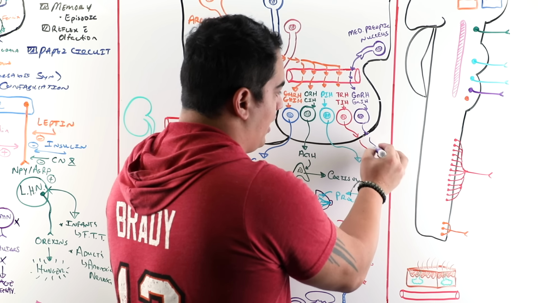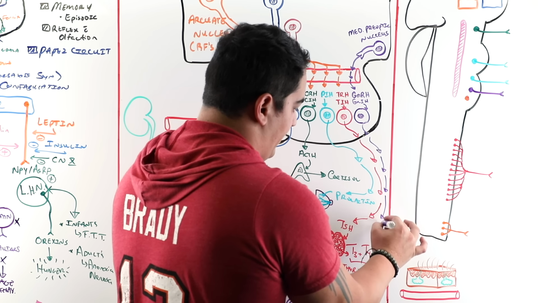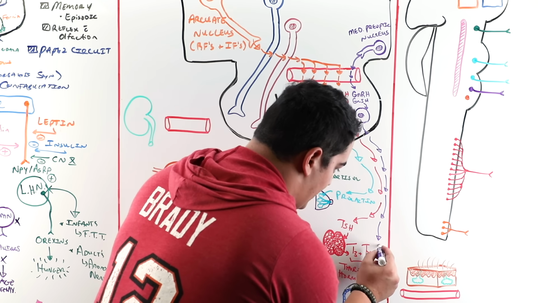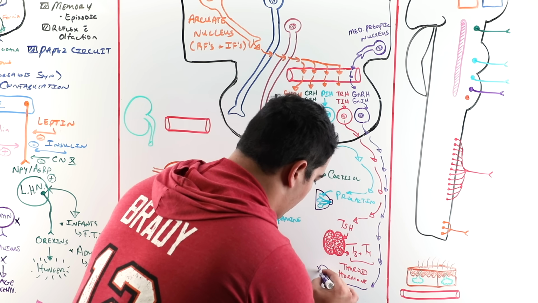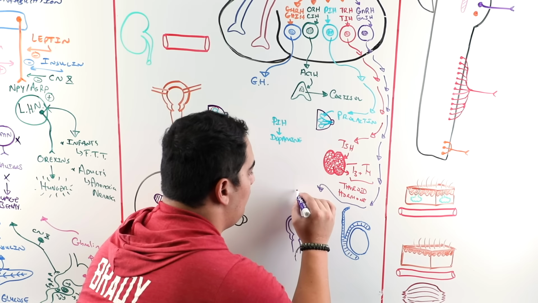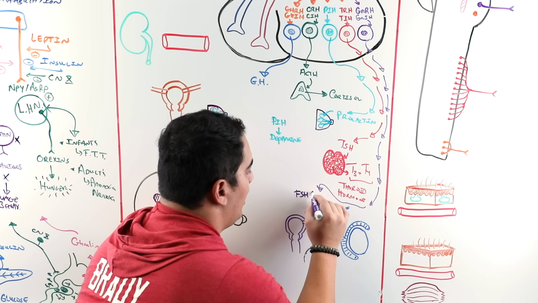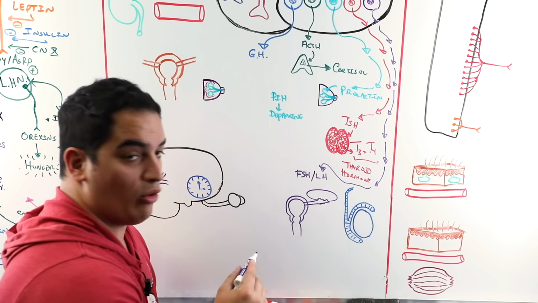The anterior pituitary will then start releasing what types of hormones? If it's that gonadotropin releasing hormone, the main hormones that it's releasing are FSH and LH, follicle stimulating hormone and luteinizing hormone.